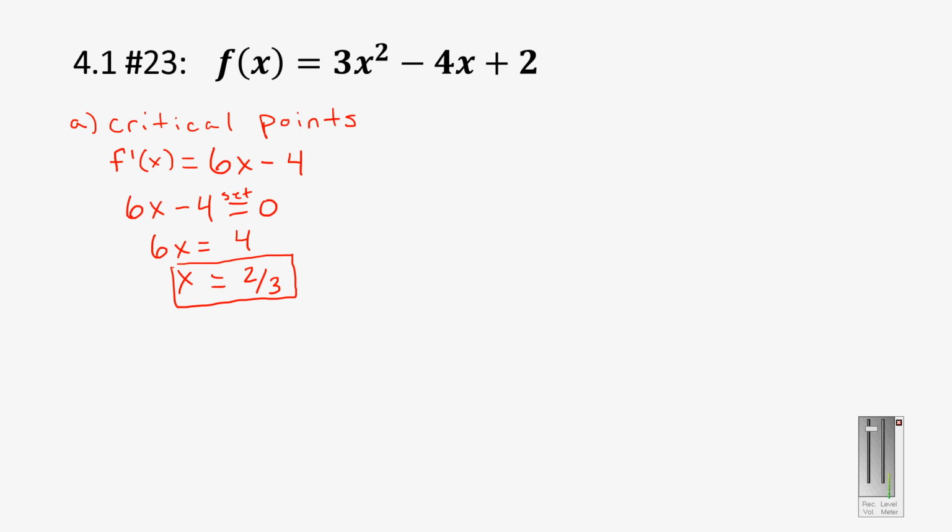And then step B says to basically use a graphing utility to determine what the graph looks like. And I've done this separately, so I'm just going to hand draw it here. Here's my y-axis, here's my x-axis. So again, you could take your original function and graph f of x in Desmos or your graphing calculator.